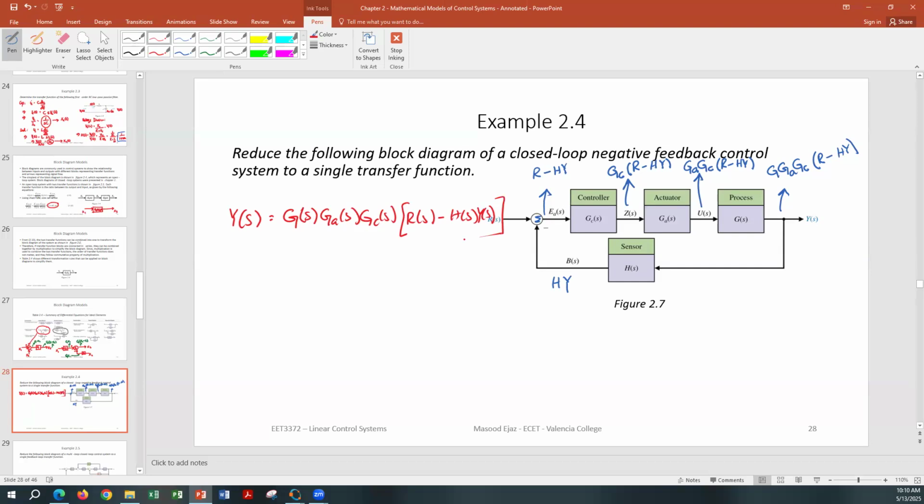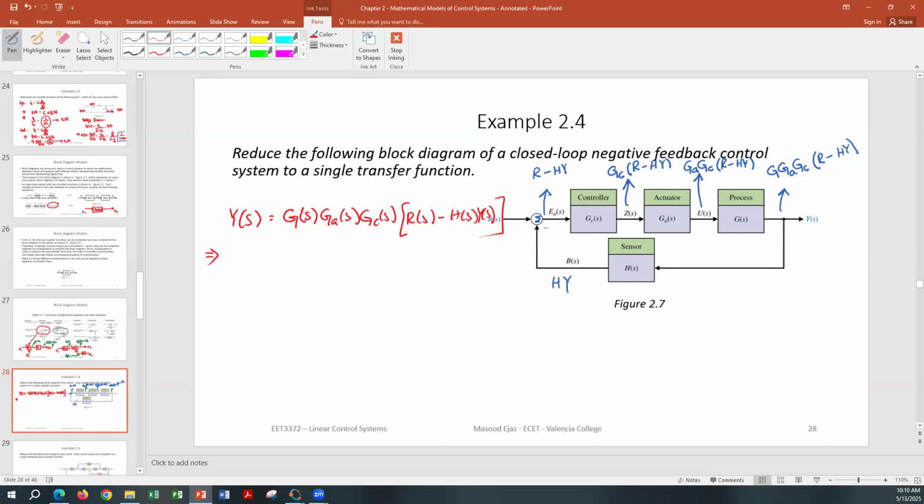Our goal is to find the transfer function of the system. First we find the output of the system, and then we can write down output over input to represent the one transfer function of the system, one block. So first write down the output of the system, Y(s).